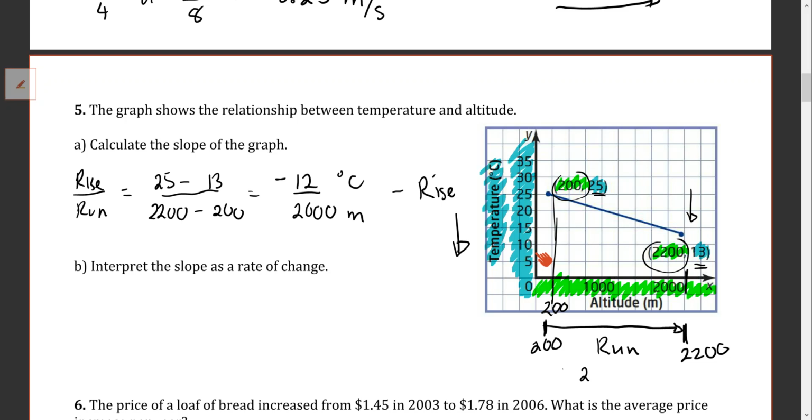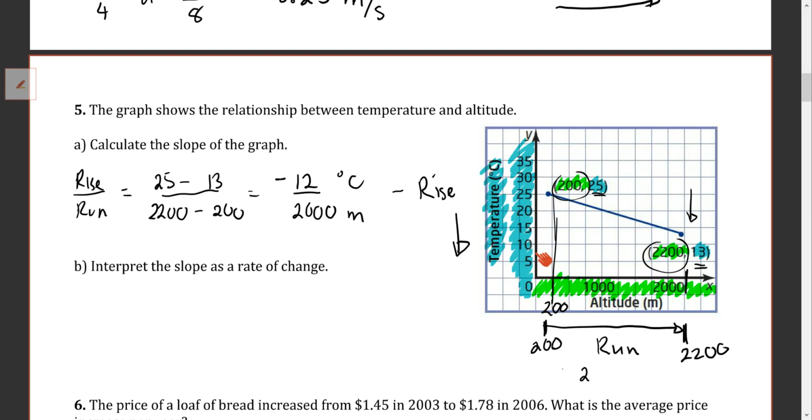Give me some examples. You could be in a plane, a balloon, you could just be in a car going up a mountain, be in a helicopter, yeah? So what this is telling me is as I go up, the temperature comes down. The line is not telling me I'm going down.